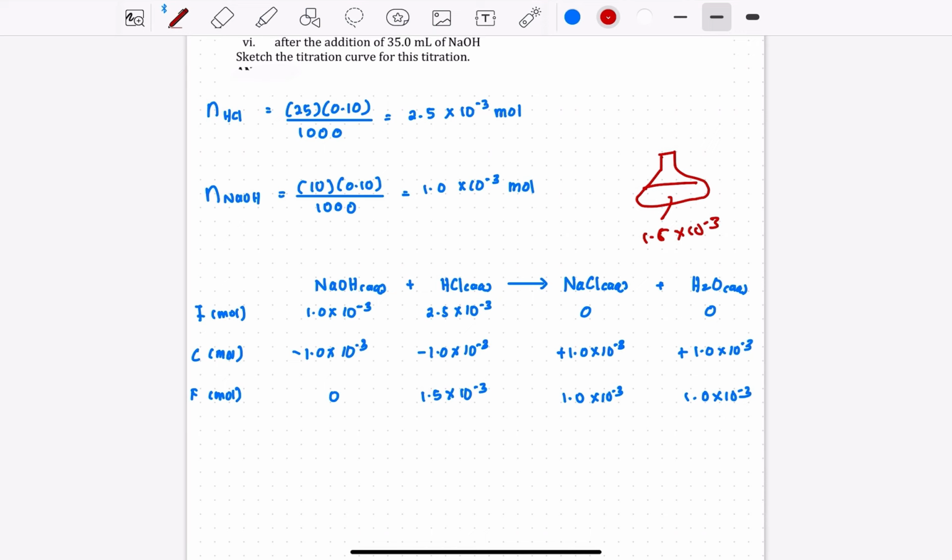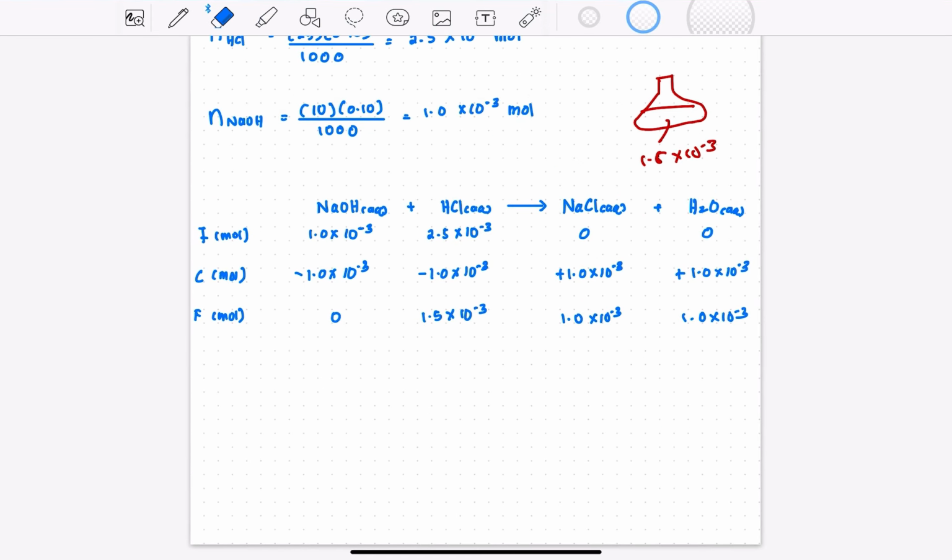So the number of hydrogen ion is decreasing, and by right, the pH should increase. Am I right? Okay. The number of mole of hydrogen ion decreases, and therefore the pH should increase. Okay, so how can we prove this statement? By calculating. Okay, so we have 1.5 exponent negative 3 left.